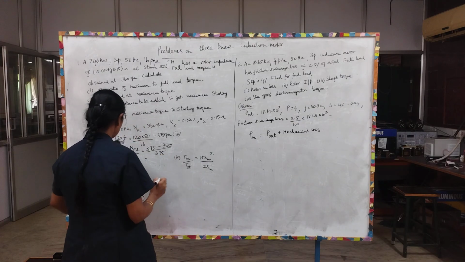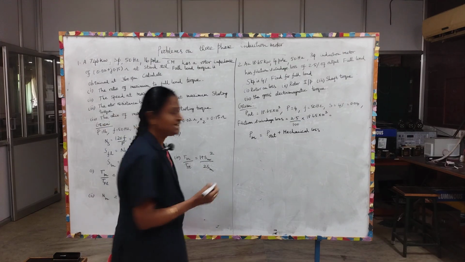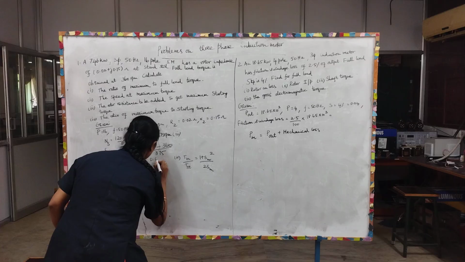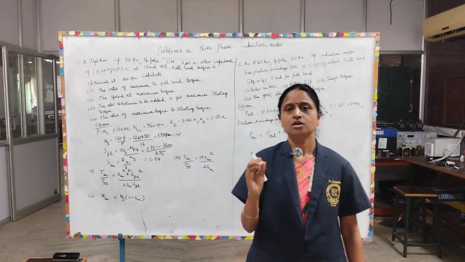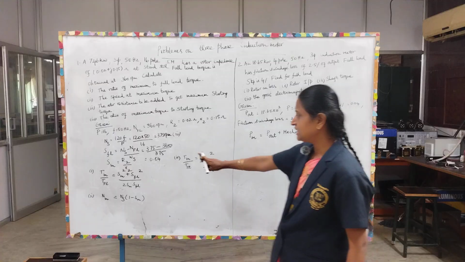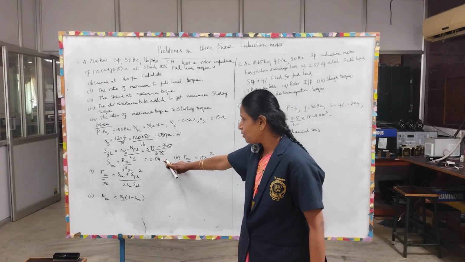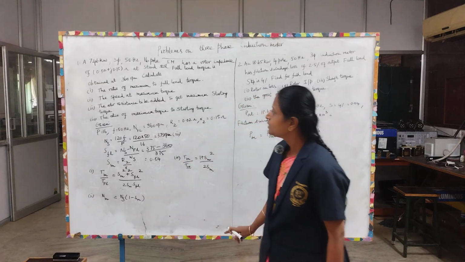So the full load slip which we are getting is 0.04. So it is nothing but 4%. So we are getting it as full load slip of 0.04.